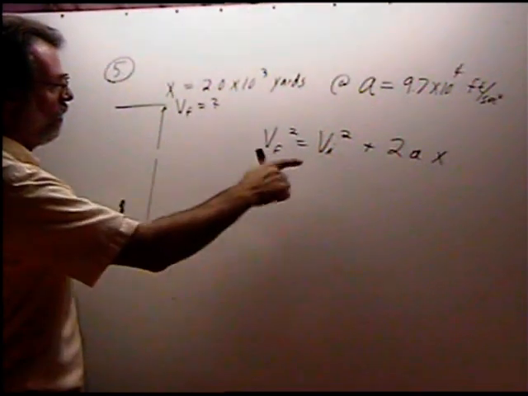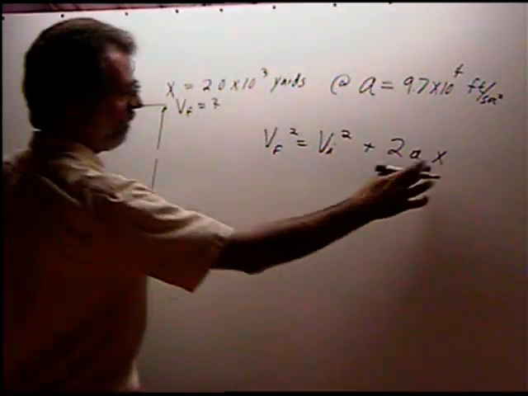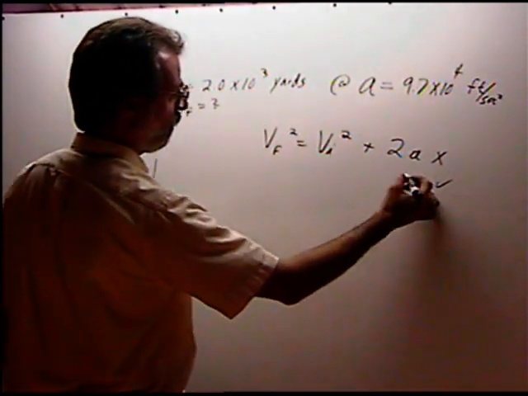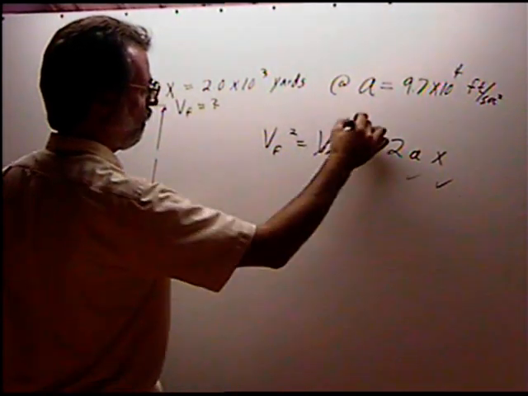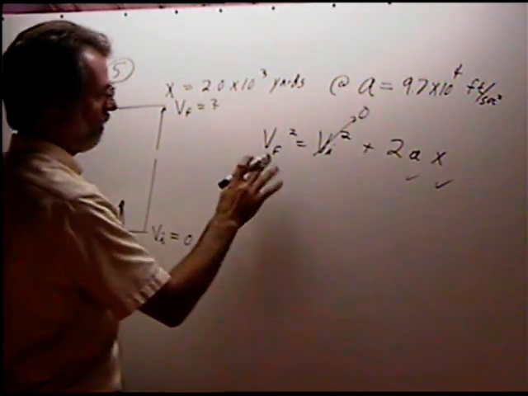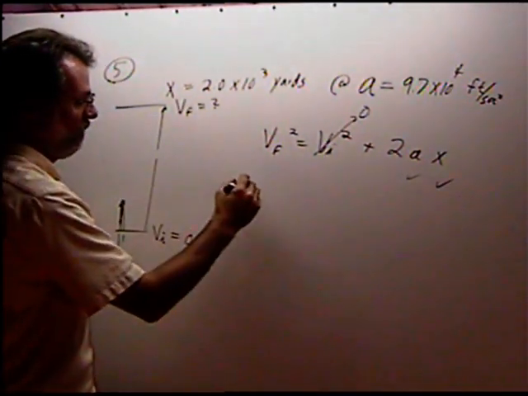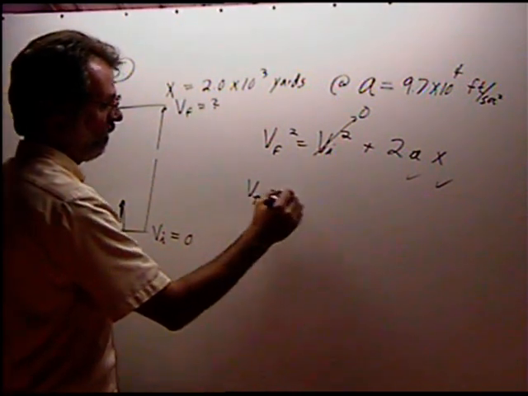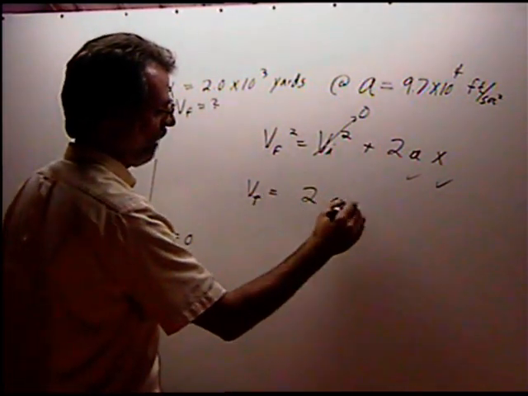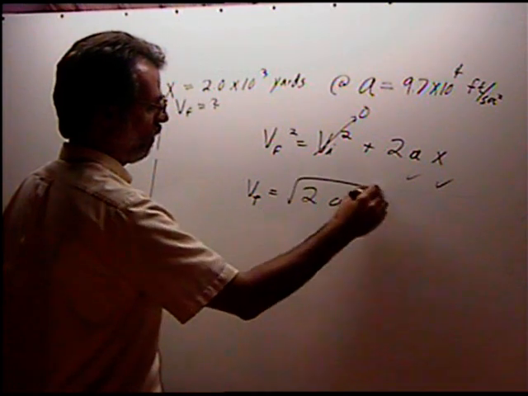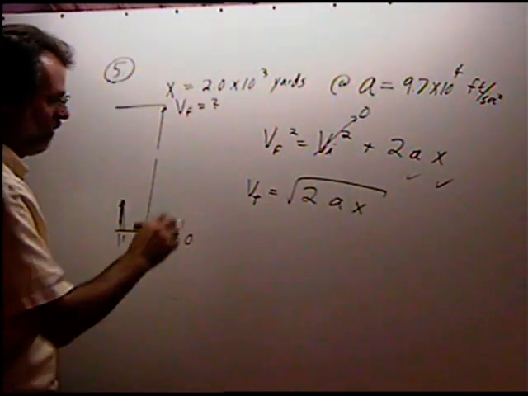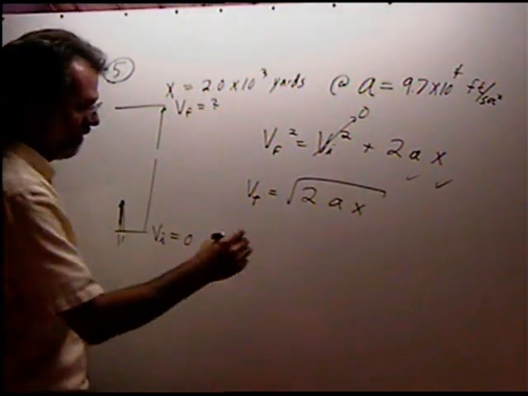Okay, so we know x. We know the acceleration. We know that the initial velocity is 0, so we can solve for final velocity. The final velocity is the square root of 2 times a times x.